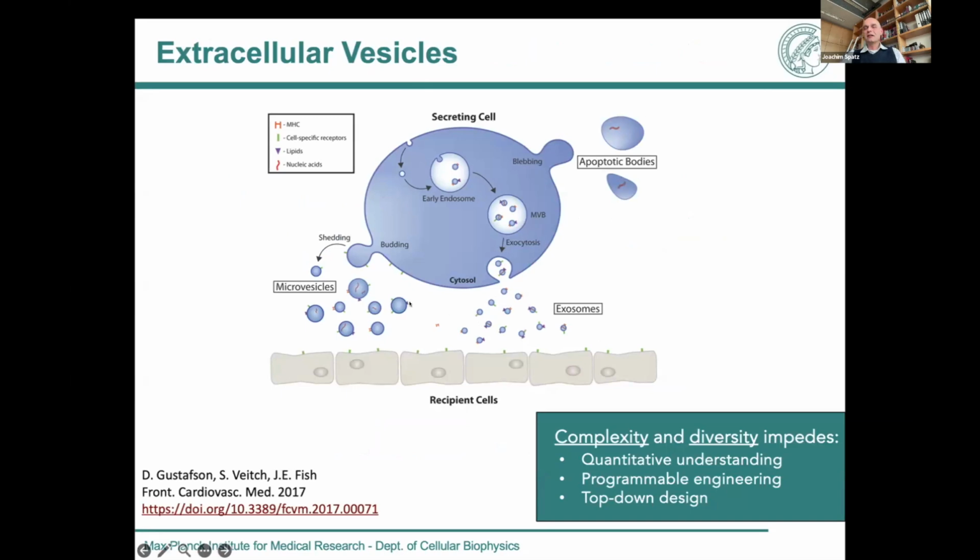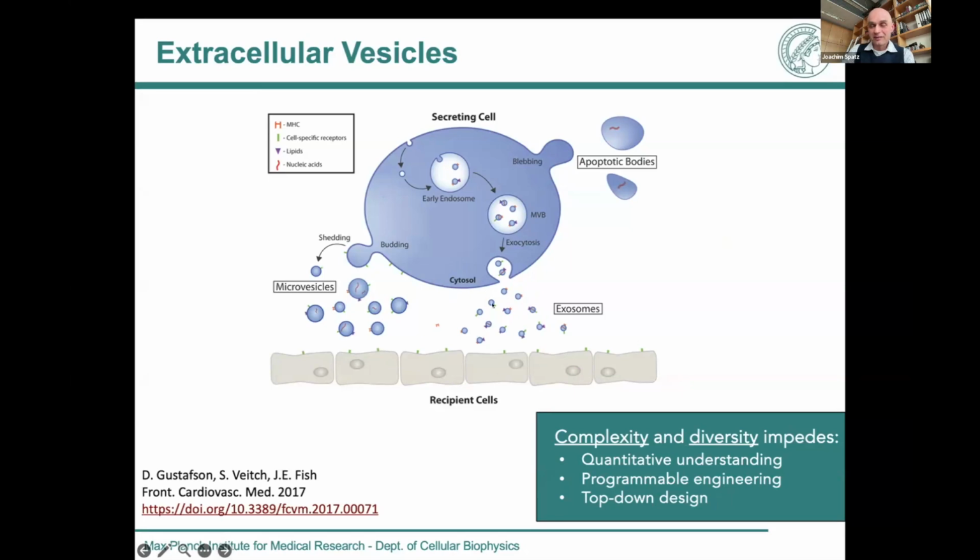It's not really clear if they are programmed or not, but it's identified as a very important signaling process of cells if it comes to signaling over distances. So if this cell wants to signal to cells at a certain distance, it sends out these microvesicles, and then you induce signals on the recipient cells.